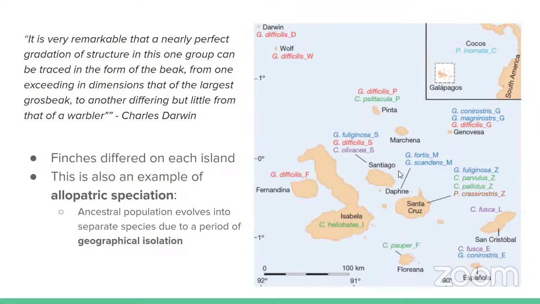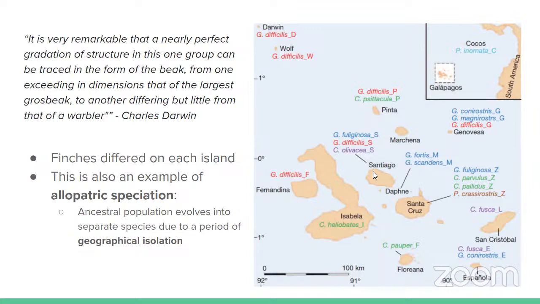So we can see that we have a different finch here on this island, Fernandina, versus on this island, Isabella, and so on. So Darwin noticed, and I thought this quote was worth pulling, right, that he saw nearly perfect gradation of structure in this one group, traced in the form of the beak, from one that has really large dimensions, essentially, to another that basically doesn't differ from a warbler, another species of bird.